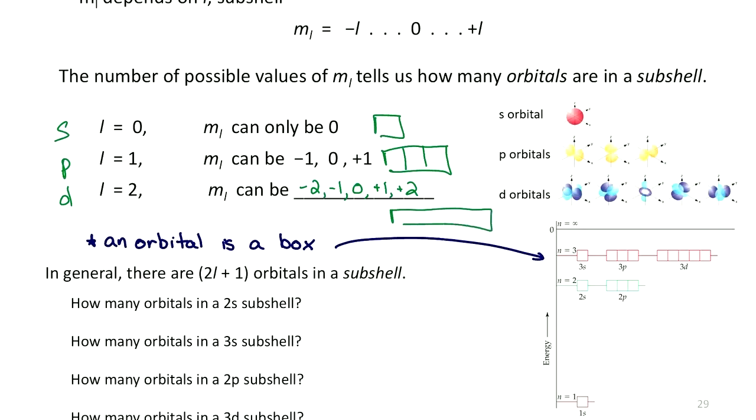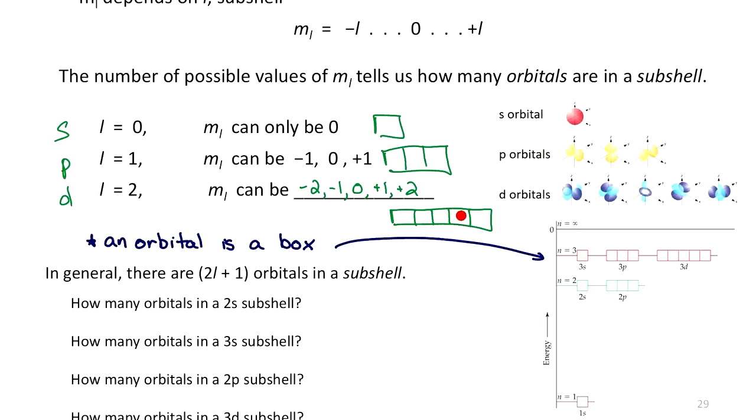Each of these boxes is one of these orientations, and each can hold electrons. This is specific to all of our subshell shapes. All s orbitals will have one box. All p orbitals, whether it's a 1p or a 2p or a 3p, will have 3 boxes.